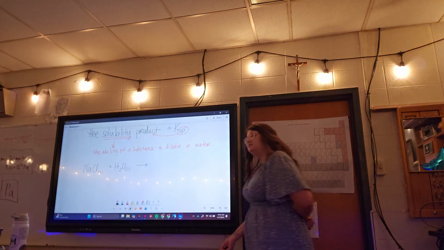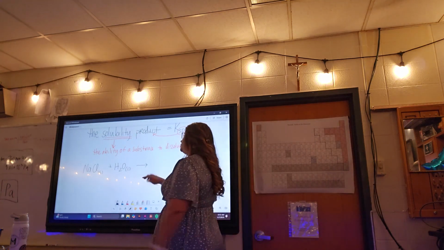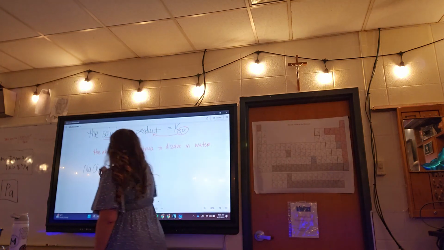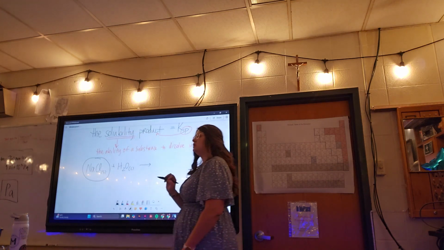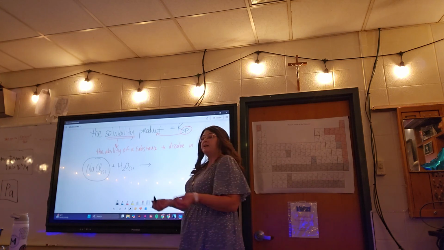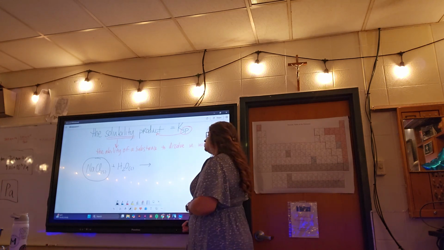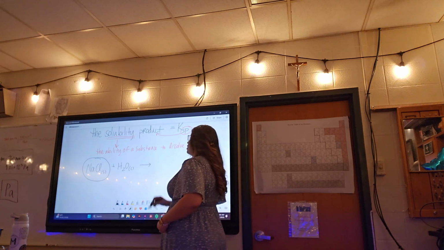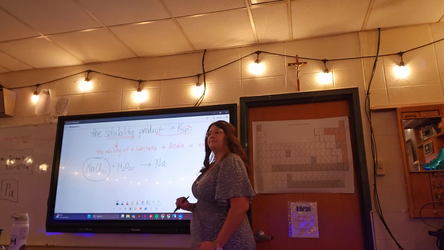If something does dissolve in water, what will happen is that its ions will break apart. And so we have to go back to this original compound and know what ions it will turn into. So that's why I asked you to take your periodic table out. So look on your periodic table and tell me what the charge of sodium is. +1.